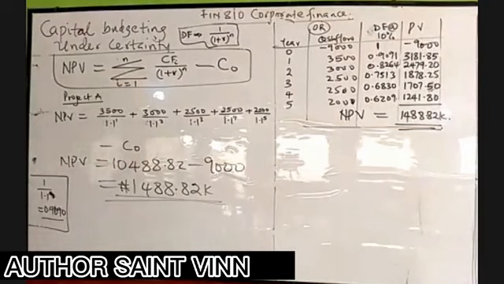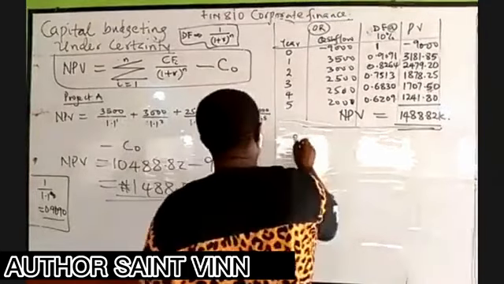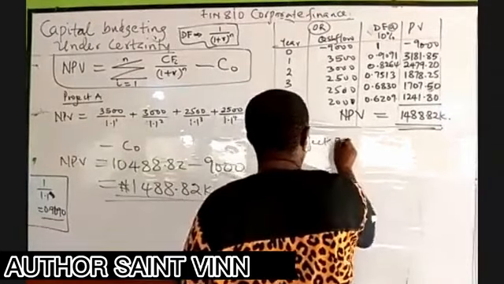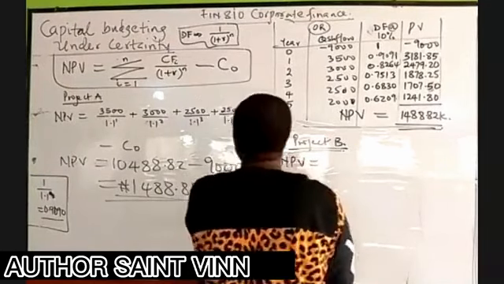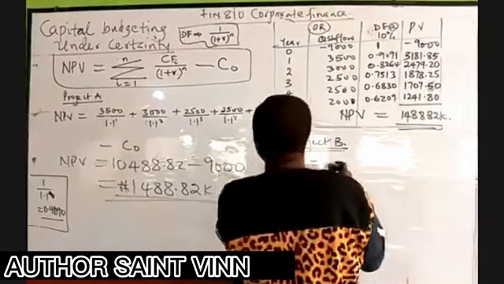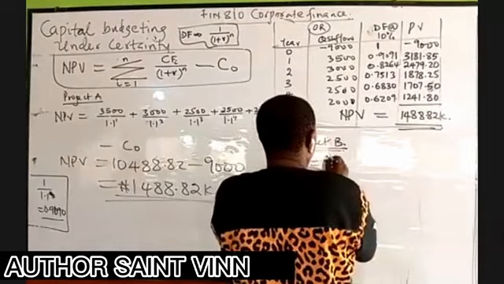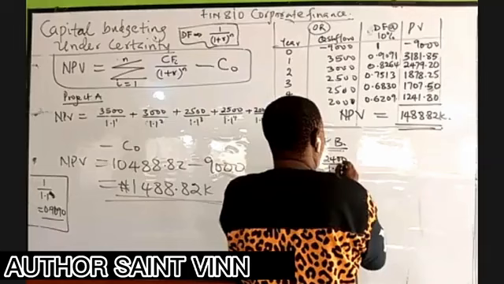Let's just take a decision for this and know which one to take, whether to take project A or project B. So this is what we're talking about. Let me always start. NPV. How about the first one? 24 over 1.1 raised to power 1.